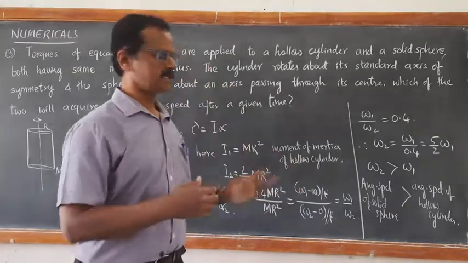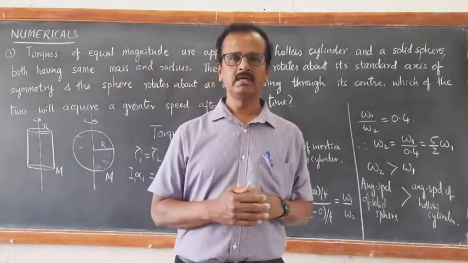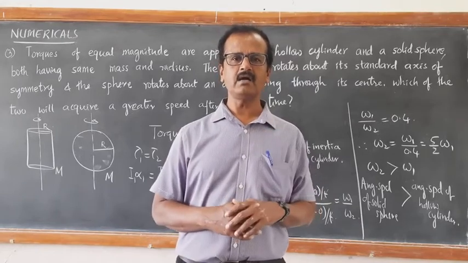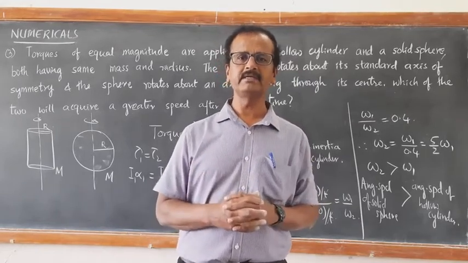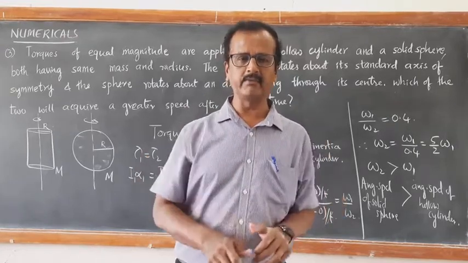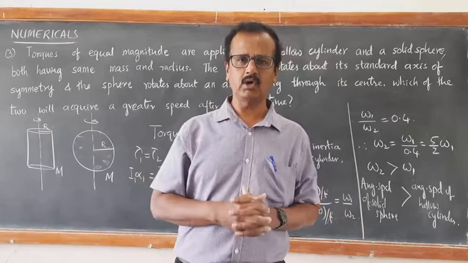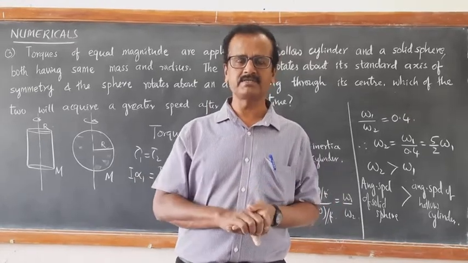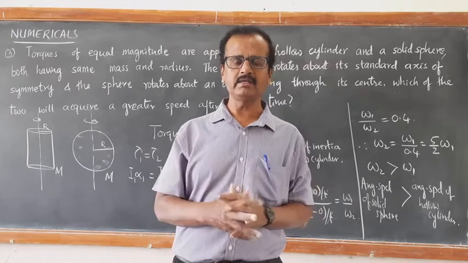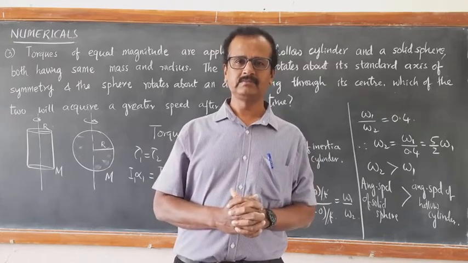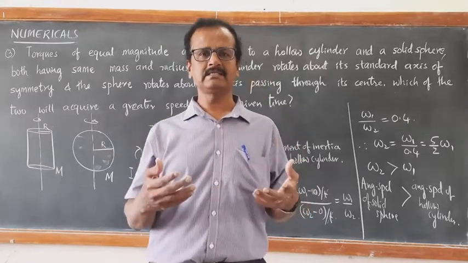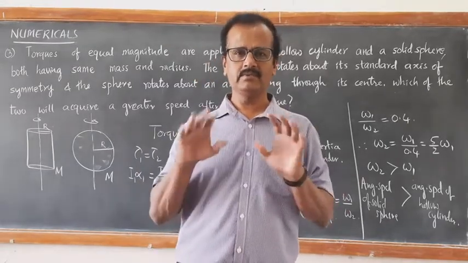So based on this concept, there are several questions. Like you are given two eggs. One is a hard boiled egg, another one is a raw egg. When you set them rotating with the same torque on the table surface, which one will rotate faster and which one takes lesser time to come to halt?